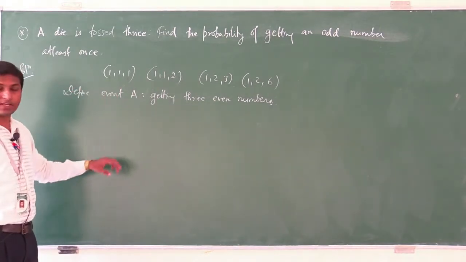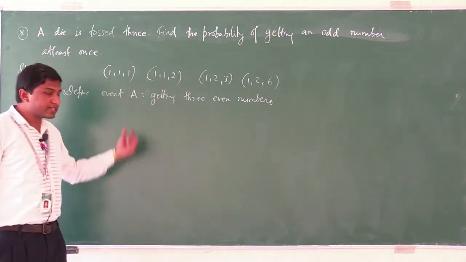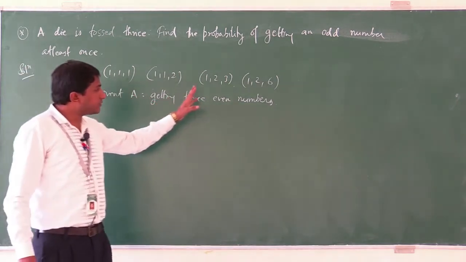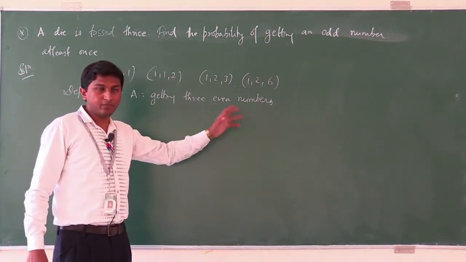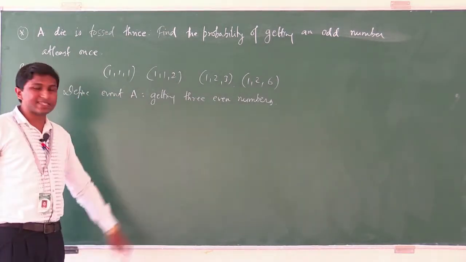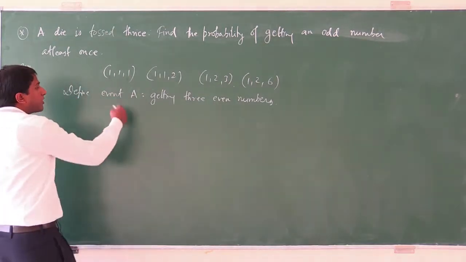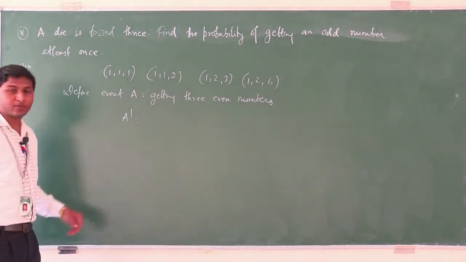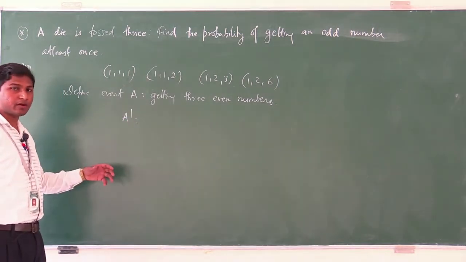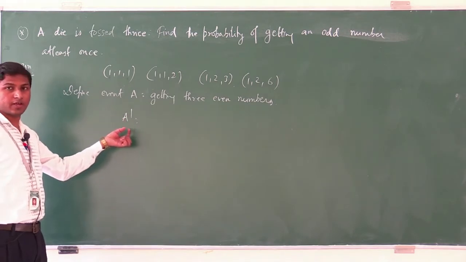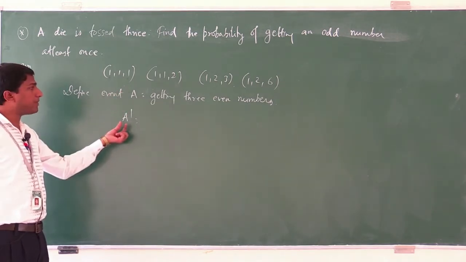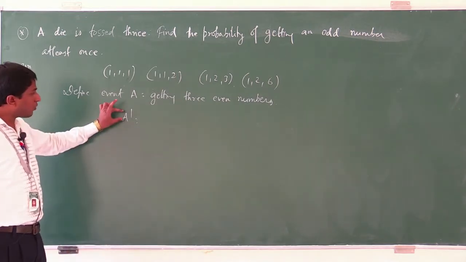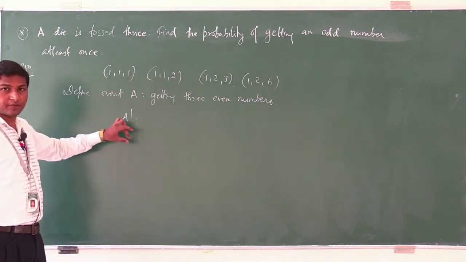I have defined an event capital A. What is event capital A? Capital A is nothing but getting 3 even numbers. Now, if this is event capital A, what is the event A dash? It is nothing but the event not A, or the complementary event of event A. So what is event not A?